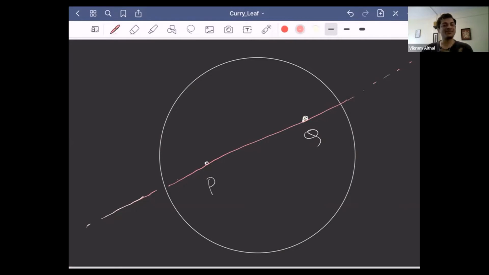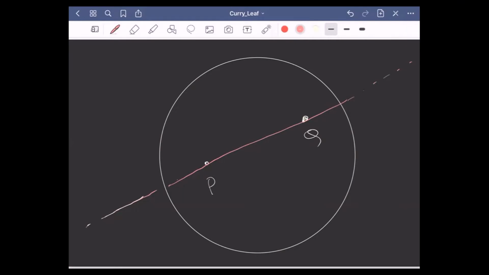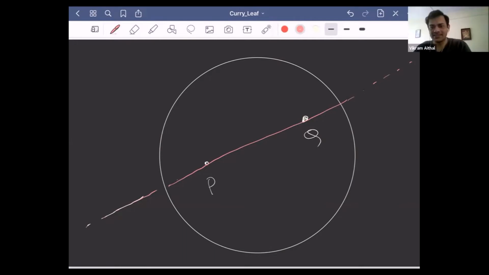How do I get three non-collinear points? Can somebody think of three non-collinear points? Shashank?